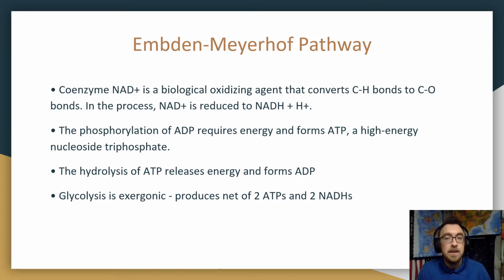This is an anaerobic process. Under anaerobic conditions, the pyruvic acid can be fermented to lactic acid or to ethanol plus carbon dioxide. Under aerobic conditions, glucose is oxidized all the way to carbon dioxide and water.